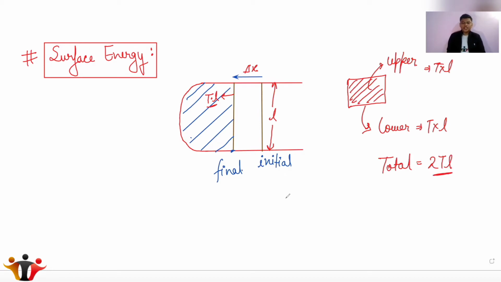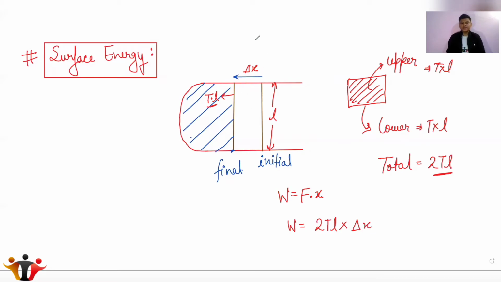So the work done here will be force into displacement. So W is equal to force, which is 2TL, into the distance covered here, which is X, or rather delta X. What is the change in area?